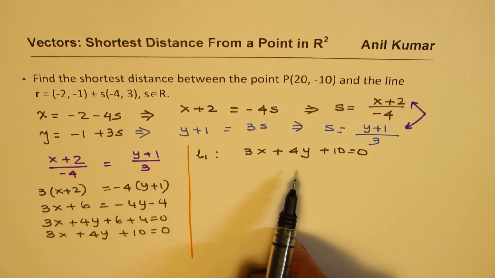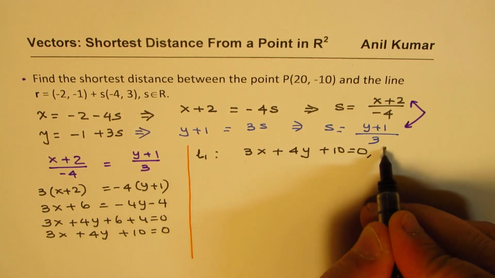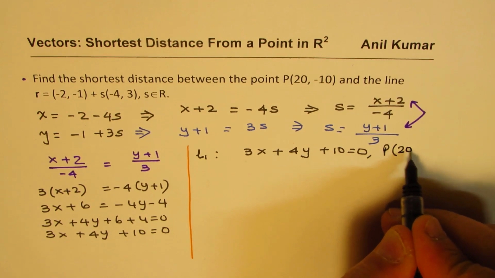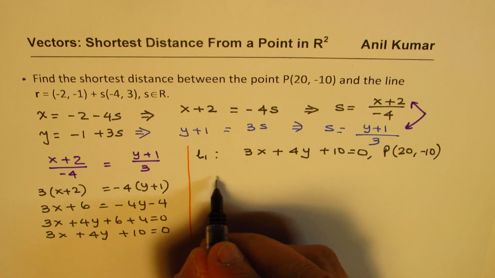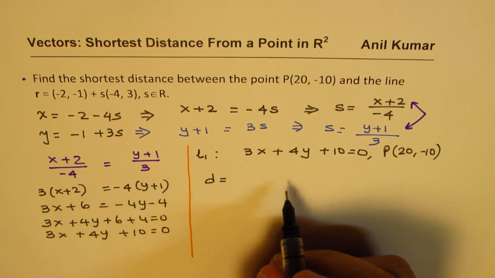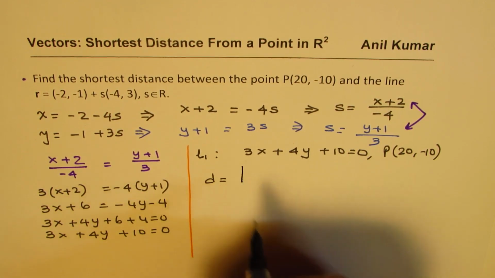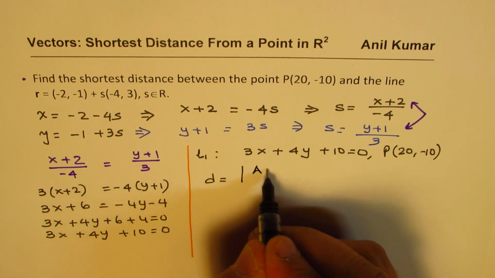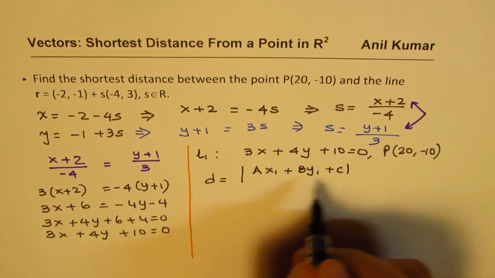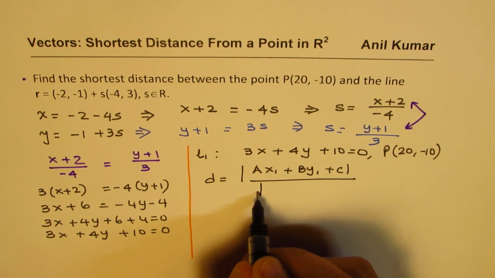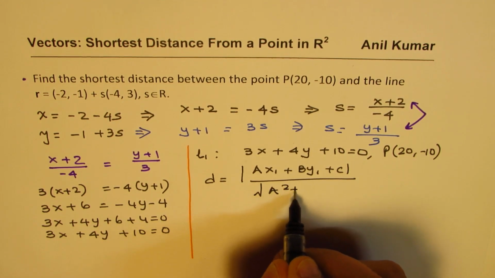Now we need to find the shortest distance from external point P, which is (20, -10). Perfect. So what is this equal to? So that distance is basically equal to the absolute value of ax1 plus by1 plus c over square root of a square plus b square, right?